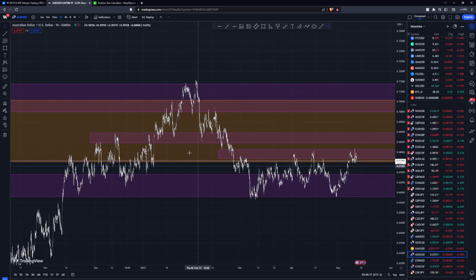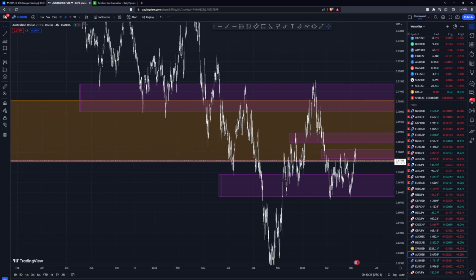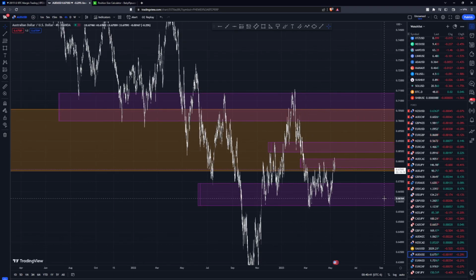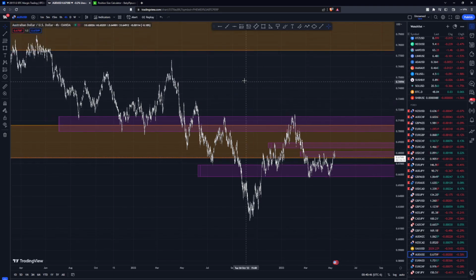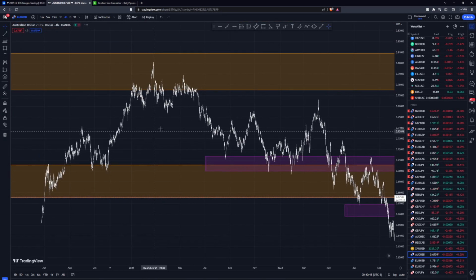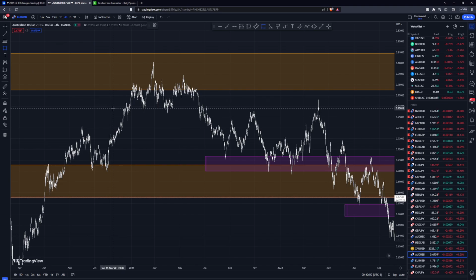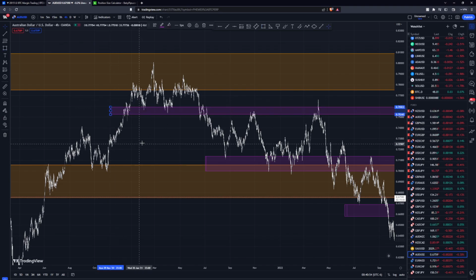I can work on any time frame I want. I just have grown accustomed to the 4 hour. It has turned out to be a little bit more of a swing trading time frame for me. I've had a lot of trades go for weeks.